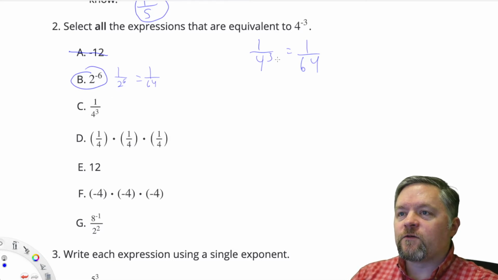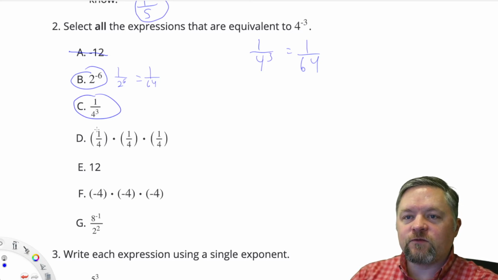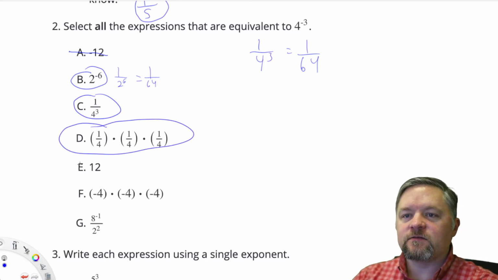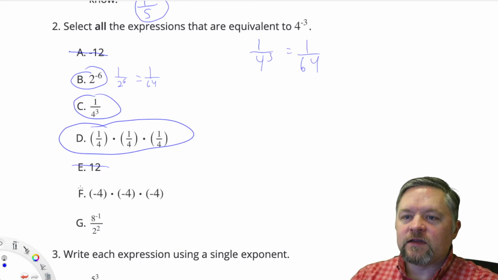C is 1 over 4 to the 3. That's one of the first little things that I said. So C works. 1 over 4 to the 3 is 1 over 4 times 4 times 4. So that means D works. 12 isn't even close. Negative 4 times negative 4 times negative 4 does not work.